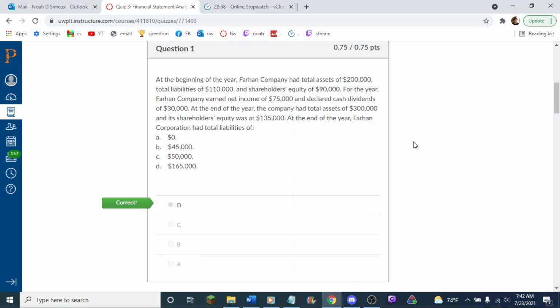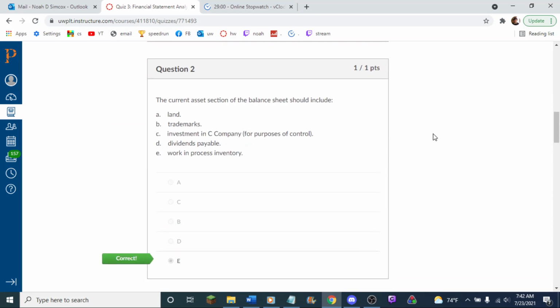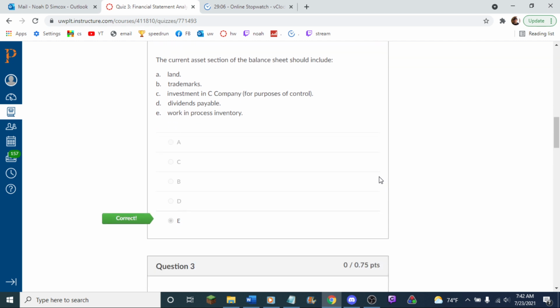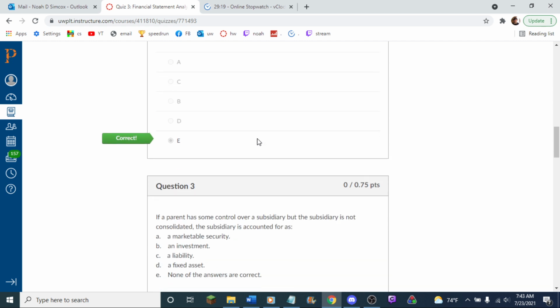I should be able to answer that. I'm not even going to try to just do it this time. Current asset should include work in process inventory. Kind of a weird question.